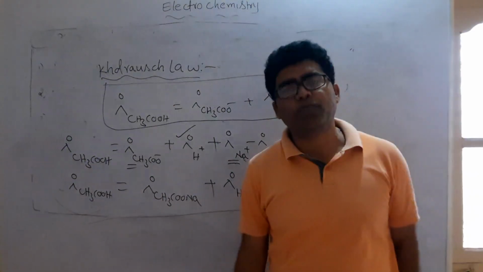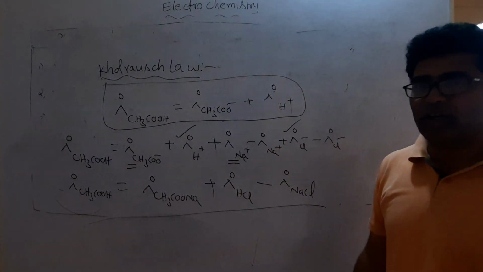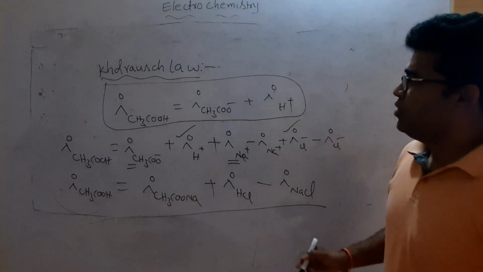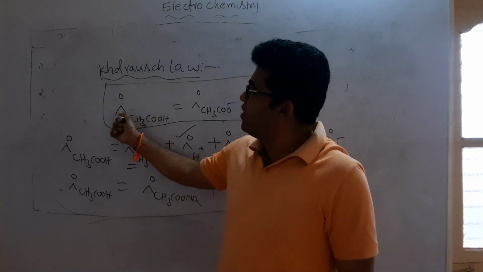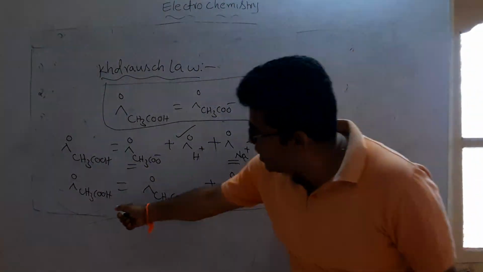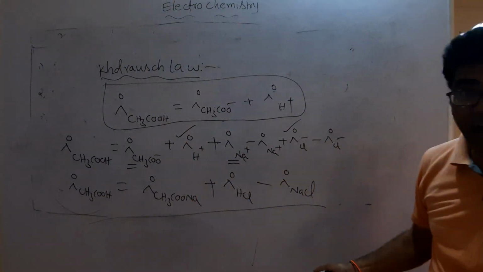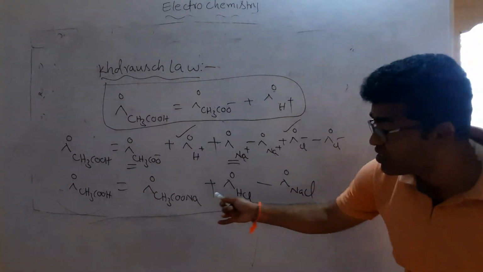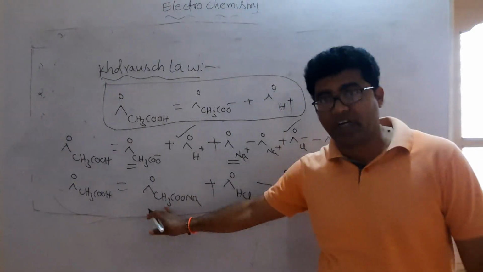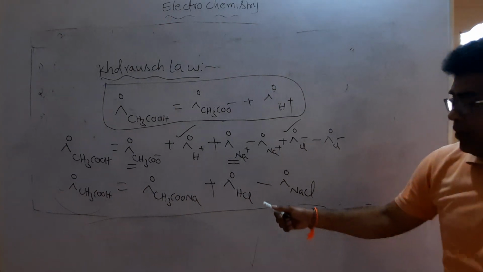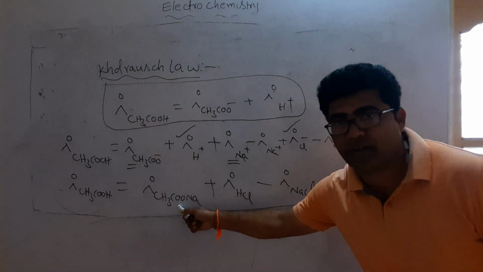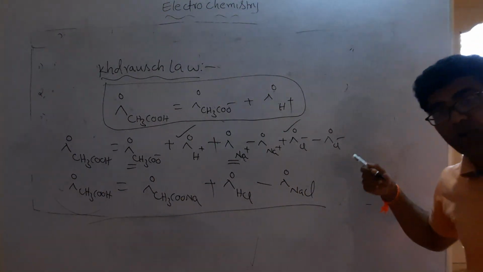By experiment it is possible to find the limiting molar conductivity of strong electrolytes, but we cannot determine the limiting molar conductivity of a weak electrolyte. But because of this statement, the limiting molar conductivity of acetic acid is equal to the sum of the limiting molar conductivity of CH3COONa, which is a salt, plus that of HCl, which is an acid, strong electrolyte, minus that of NaCl, also a strong electrolyte.